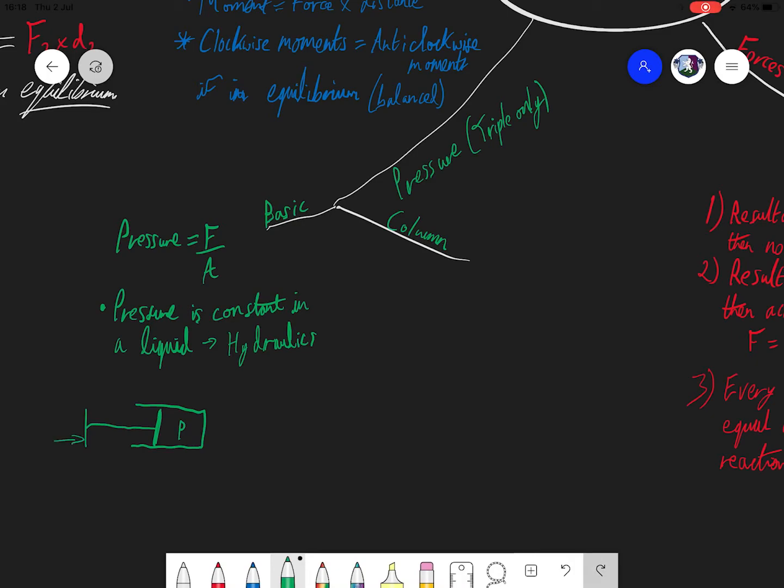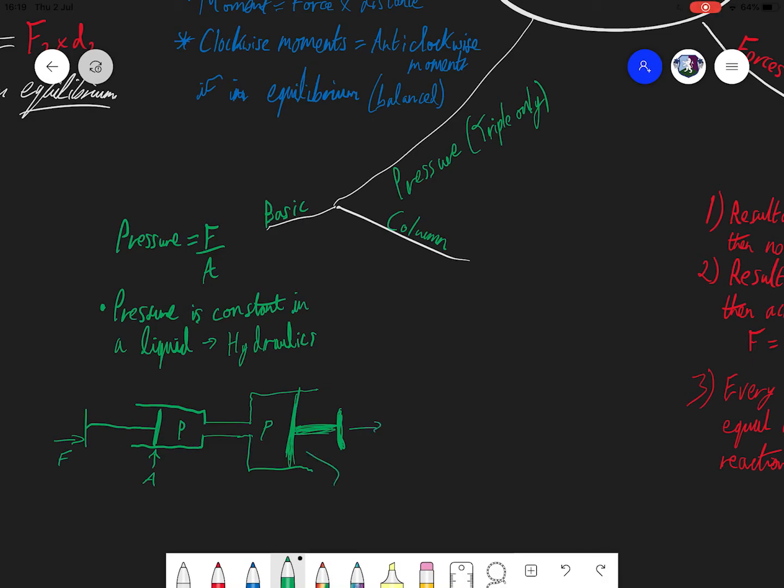Now, when you apply a force to the plunger, the cross-sectional area will compress the liquid as much as possible. As it compresses it to its maximum compression, you will reach a fixed pressure. But if this was contained in a closed system like this with two plungers, the pressure throughout the fluid inside will be constant.